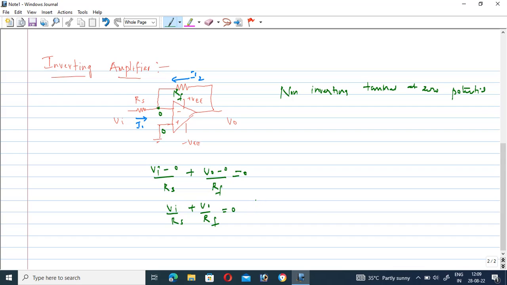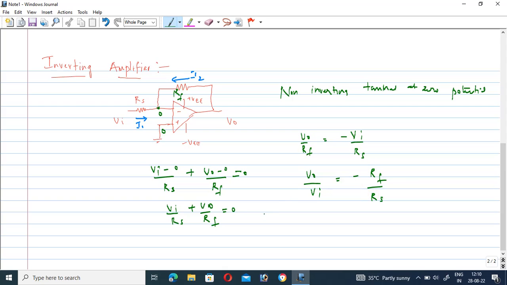Our aim is to find the voltage gain for the inverting amplifier. If you want to find the voltage gain, V naught by Vi is the final equation. Therefore V naught by Rf is equal to minus input voltage by Rs, the source resistance. Therefore V naught by Vi is equal to minus Rf by Rs.